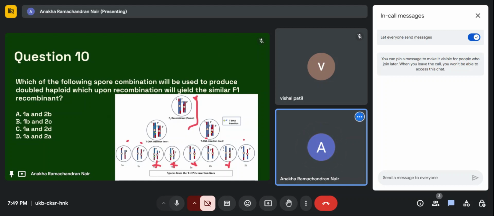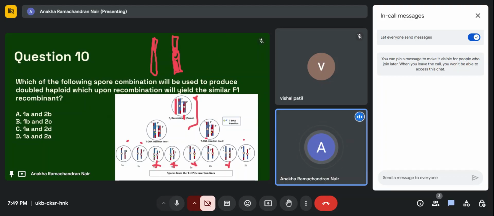So let's look at option 1A. Option 1A has this portion of the chromosome that you can see, right? And it has this portion of the small chromosome. Okay. So it has a structure like this and a structure like this, right?